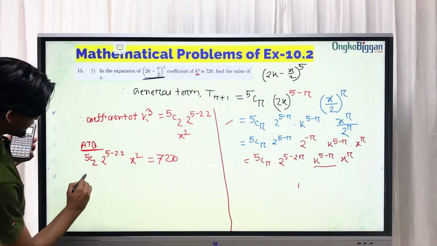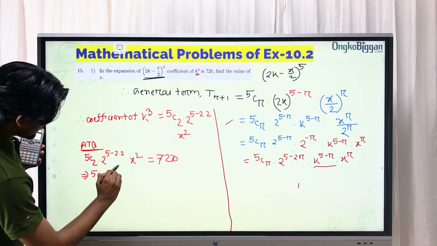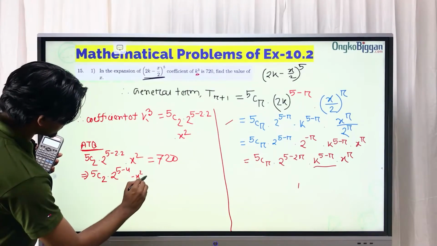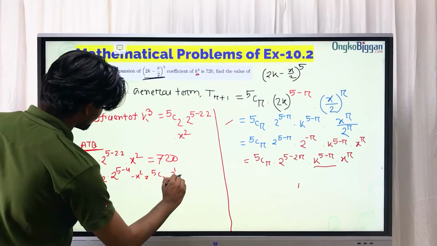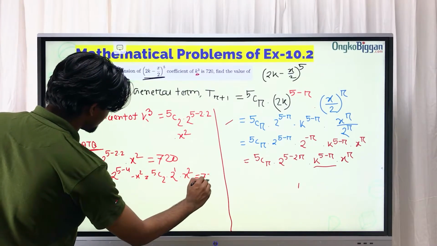So we can write 5C2 dot 2 to the power of 5 minus 4 dot x square equals 5C2 dot 2 to the power of 1 dot x square equals 720.